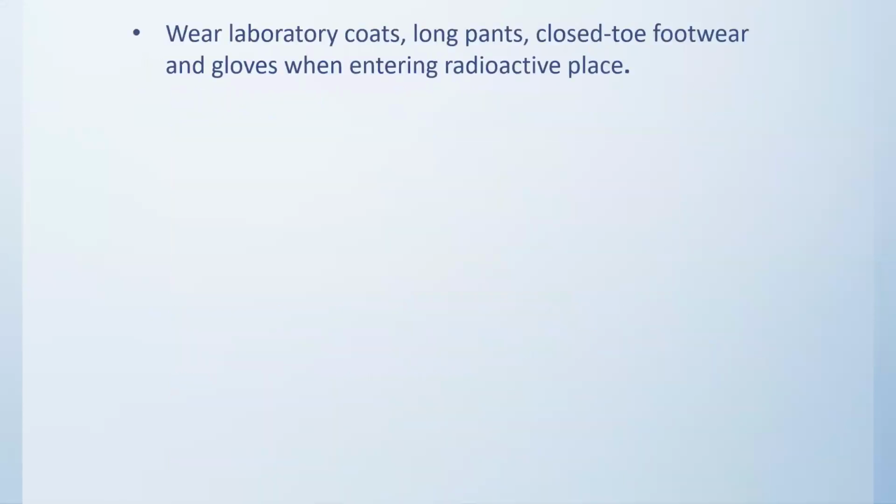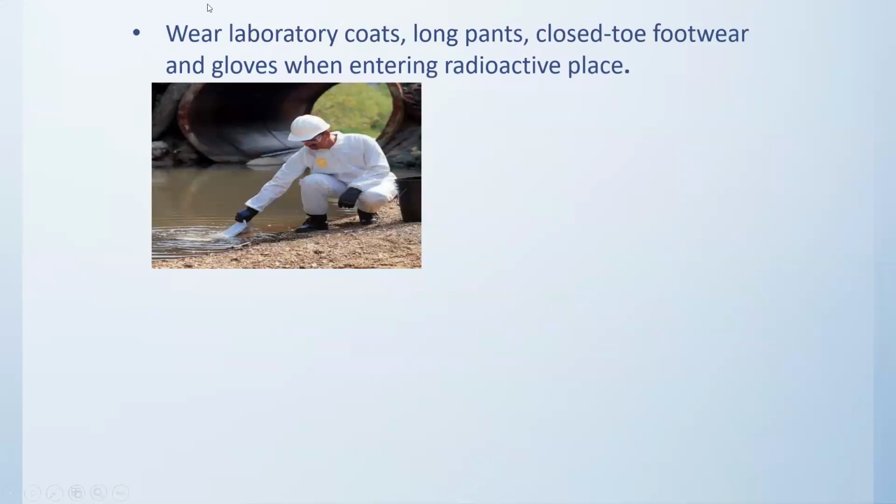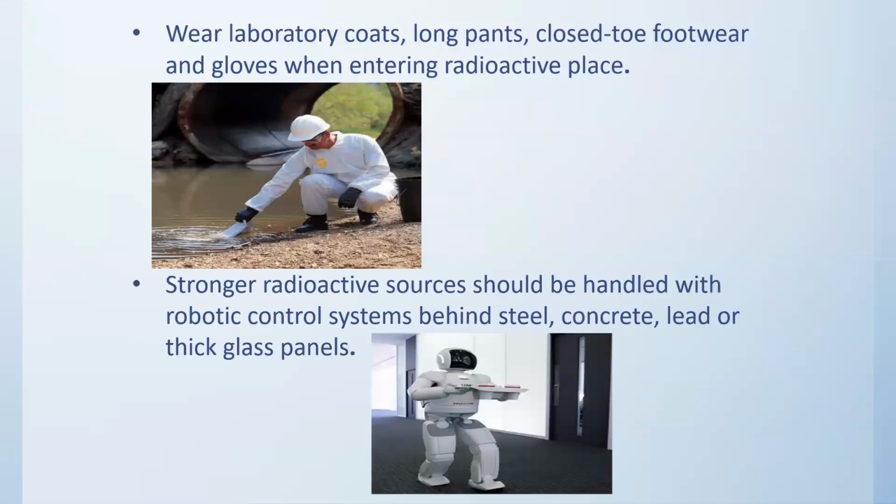We should wear lab coats to cover the body so that a person is not exposed to radiation, as well as using robotics or remote sensors to handle the radioactive source.